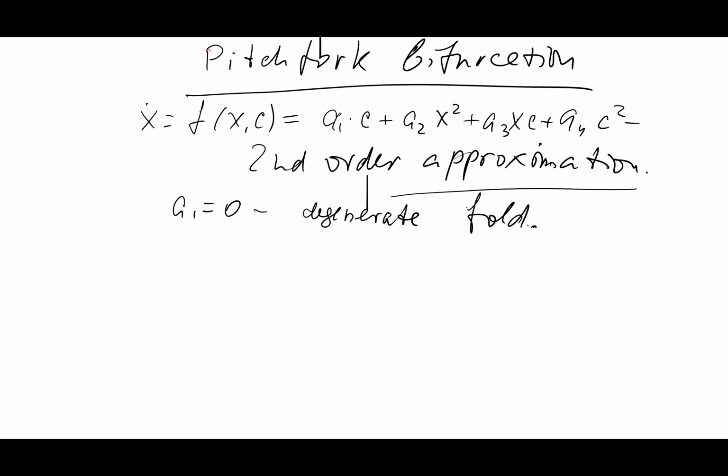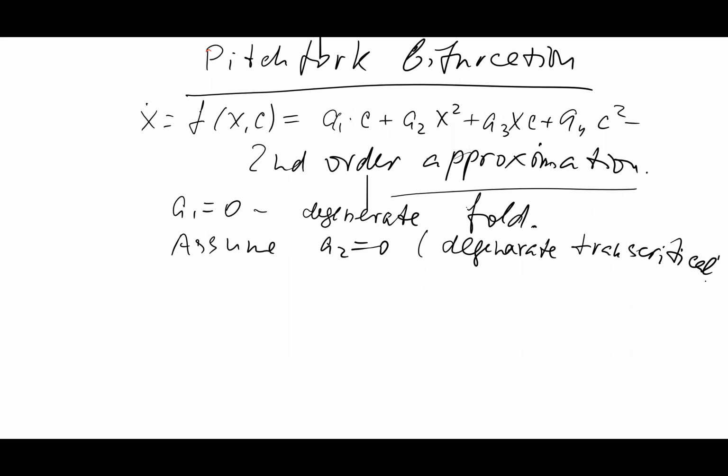And now assume a2 is 0. So this is the degenerate condition for transcritical bifurcation. So it was important that a2 is not 0 to have transcritical bifurcation.